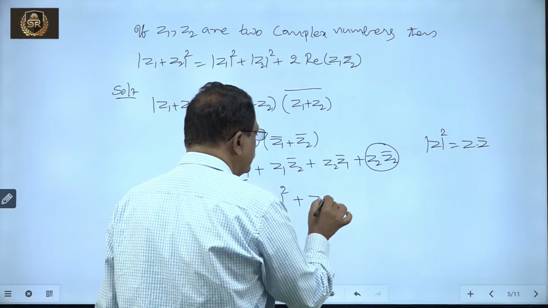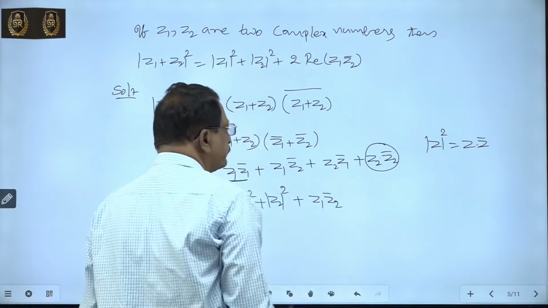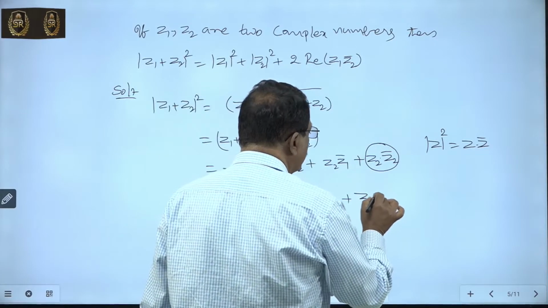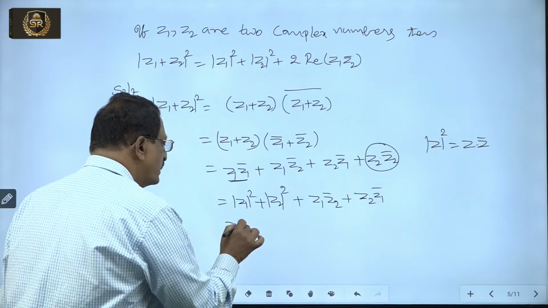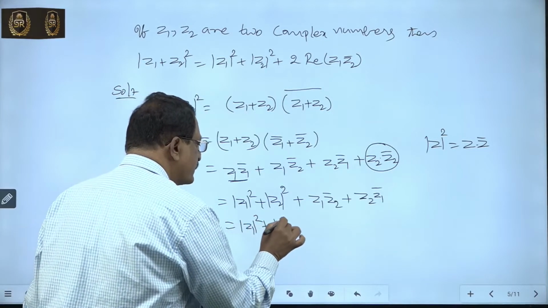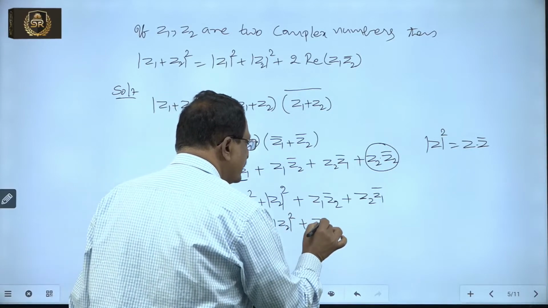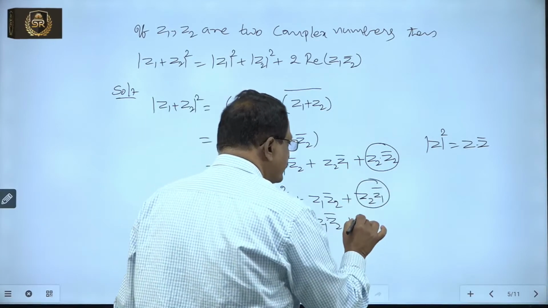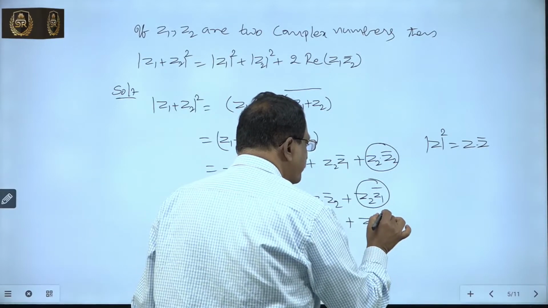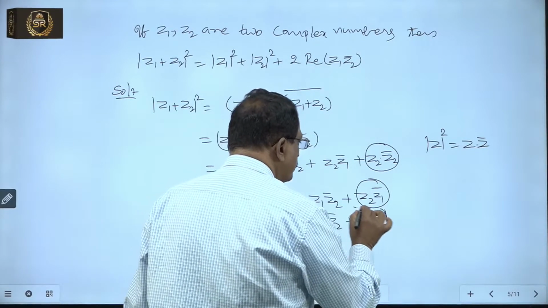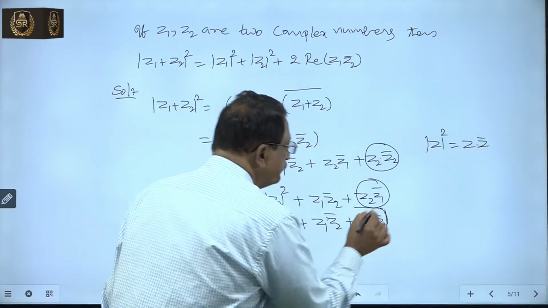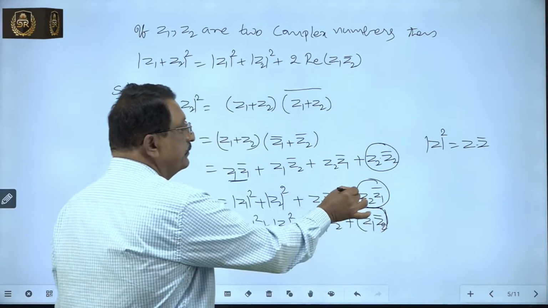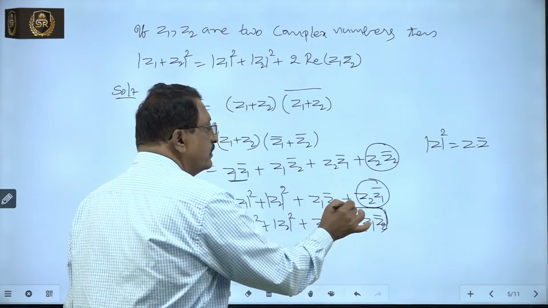Plus Z1 Z2 bar plus Z2 Z1 bar, that equals mod Z1 square plus mod Z2 square plus Z1 Z2 bar plus, now this term can be written as (Z1 Z2 bar) whole bar, since Z1 bar Z2 equals (Z1 Z2 bar) whole bar.